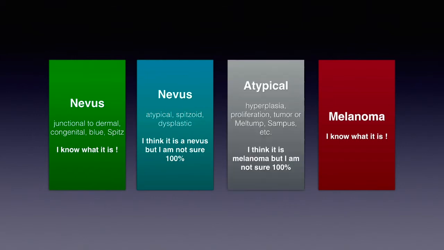And finally, when he avoids using the term nevus and uses the words atypical hyperplasia, atypical melanocytic proliferation, or atypical tumor, or MELTUMP, or SAMPUS, these are all words telling us basically that the pathologist thinks that he is looking at a melanoma, but he is not sure 100%.